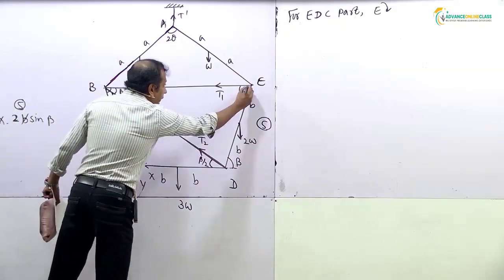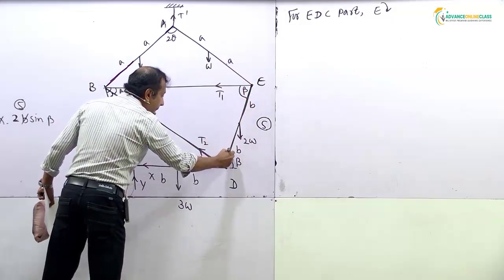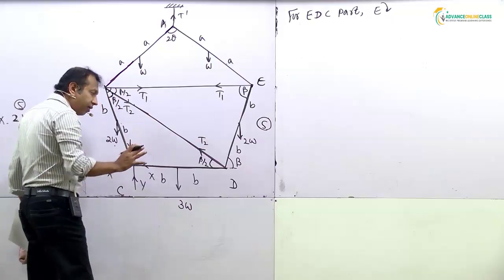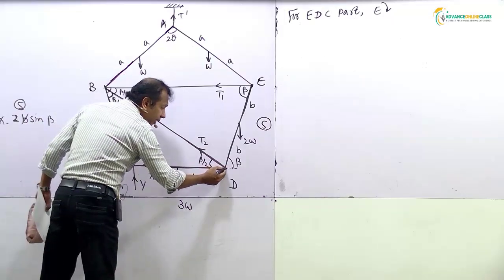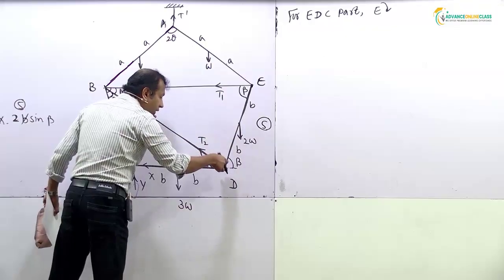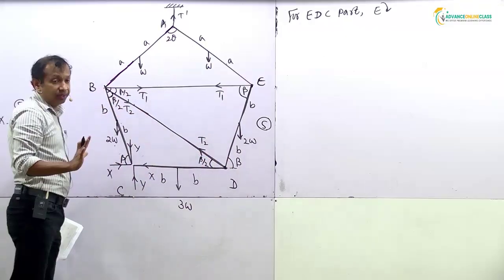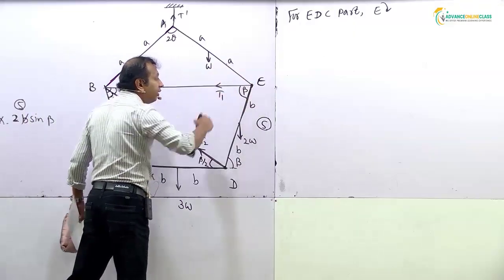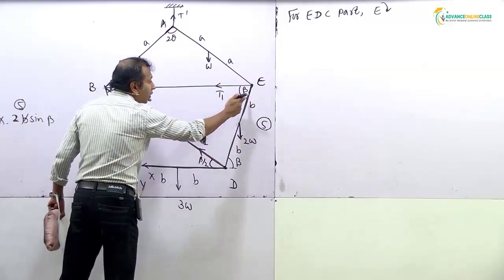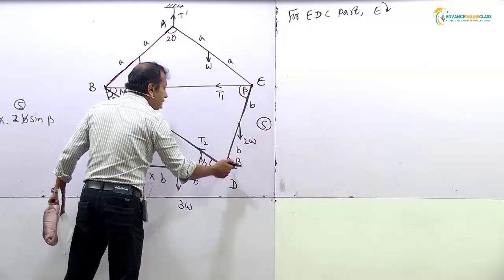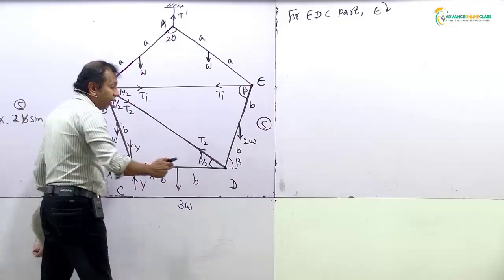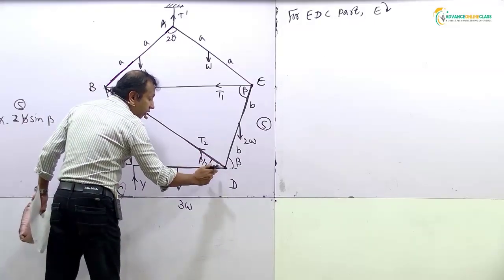When you take this E, D, C part, think that around D, ED and DC can't rotate, and it can only rotate around E. That is how we think whenever we take the moment for a certain portion. For the E, D, C part, we take moments around E, meaning at D it is rigid.